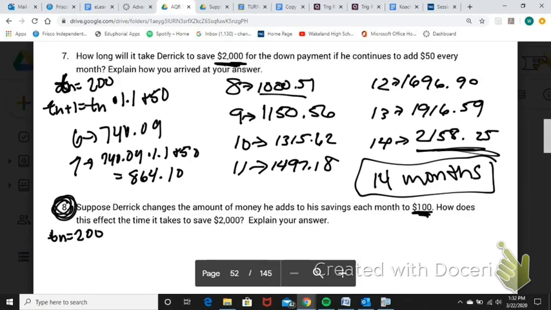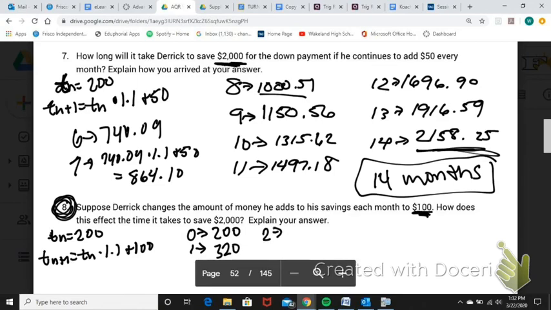We're still starting at that $200, but this time when we set up our function, we're still going to be multiplied by that same interest, but instead of $50 we're adding a month, we're adding $100. So after 0 months, he still has that $200. After a month, we're going to go 200 times 1.1 plus 100. So to help you get started there, that's going to be 320.